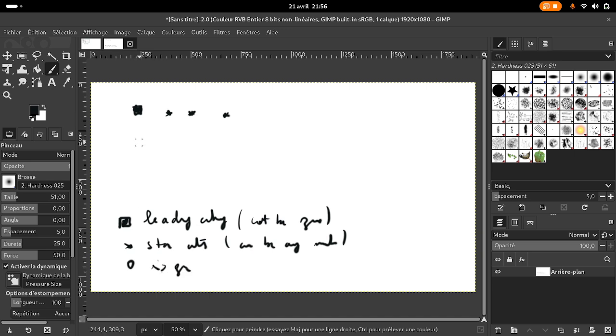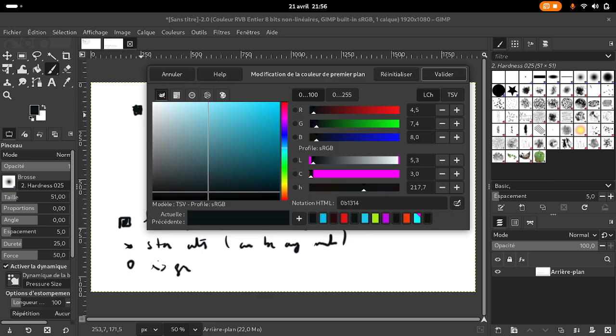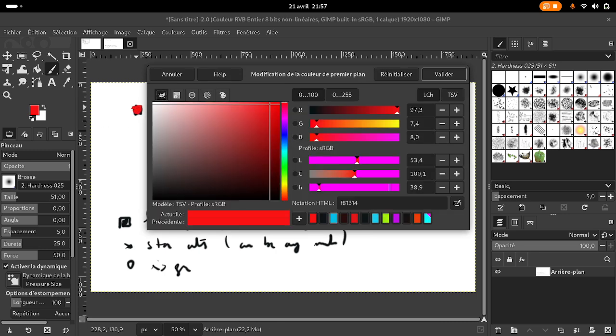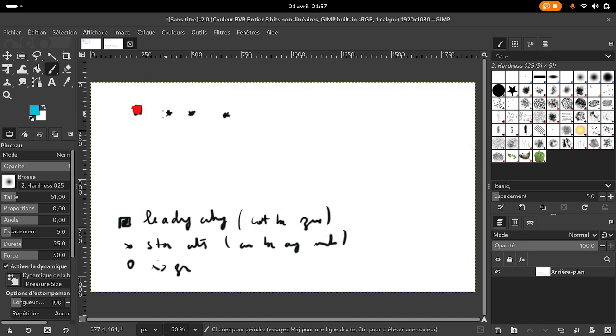So I have the first row, I have my leading entry here and 2, 3 star, so it can be any number here.